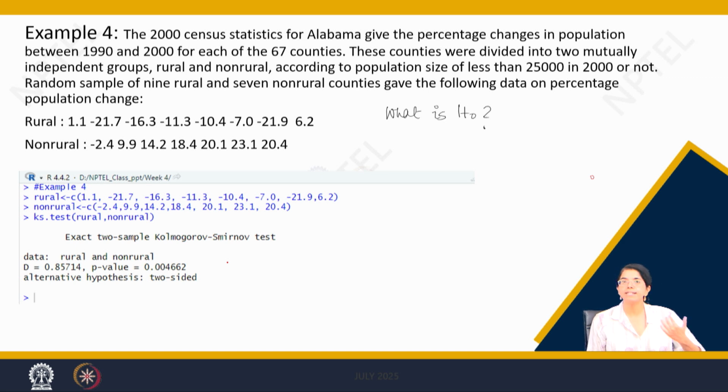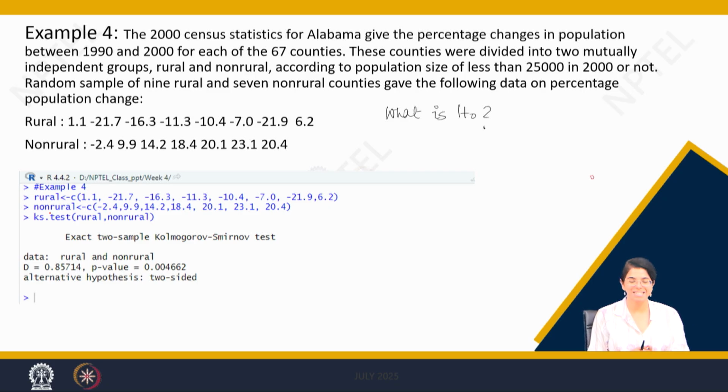Negative means a decreasing population, and likewise for the non-rural counties, whether the change is negative or positive. So do you feel that these two distributions are the same or not? What is your null hypothesis? I am not going to write it, because I want you to write your null hypothesis in a proper mathematical way. This is your home task.